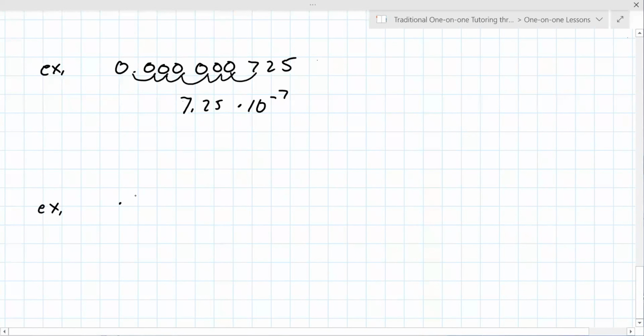0.02015. Okay, so go ahead and try writing this in scientific notation, please.